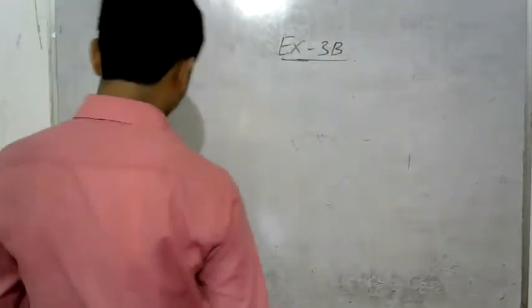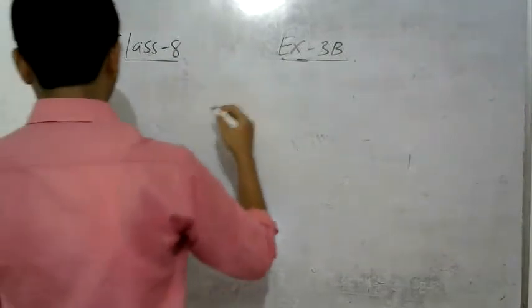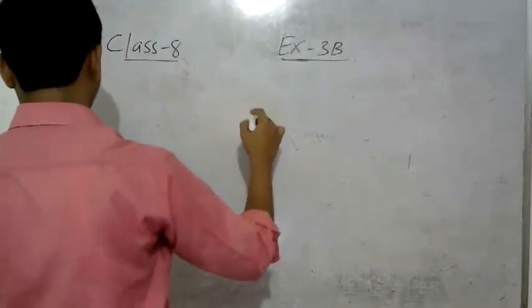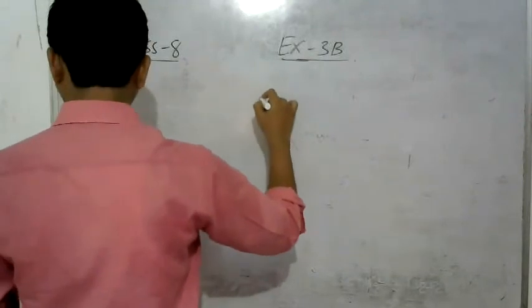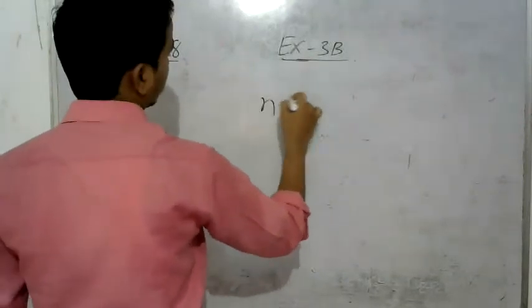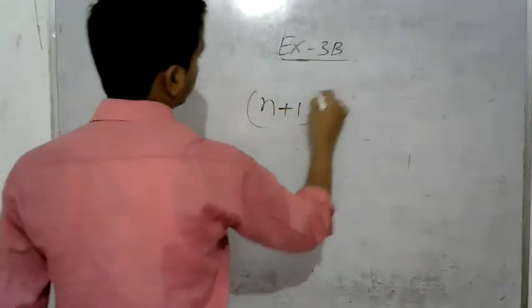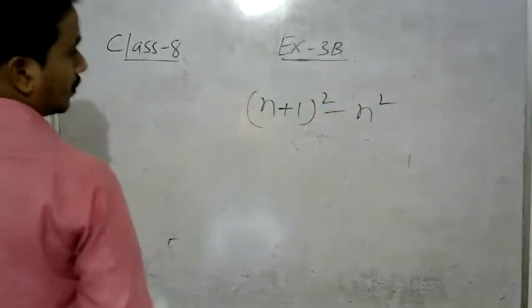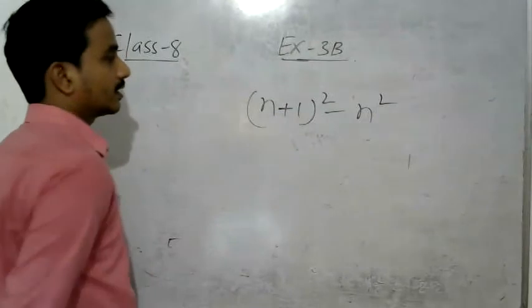Now the next property is property number 8. For every natural number n, for example, n plus 1 whole square minus n square.